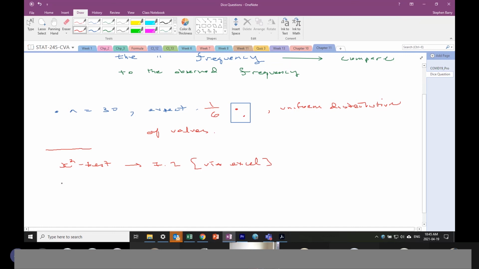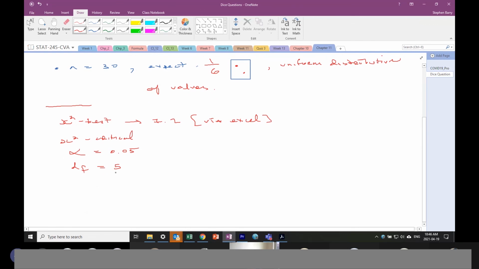Now, what's the critical score? I don't know. Let's pick alpha, let's say 0.05 or 0.01. Let's go 0.05. Here, what's the degree of freedom? 6 categories, minus 1, degrees of freedom of 5.